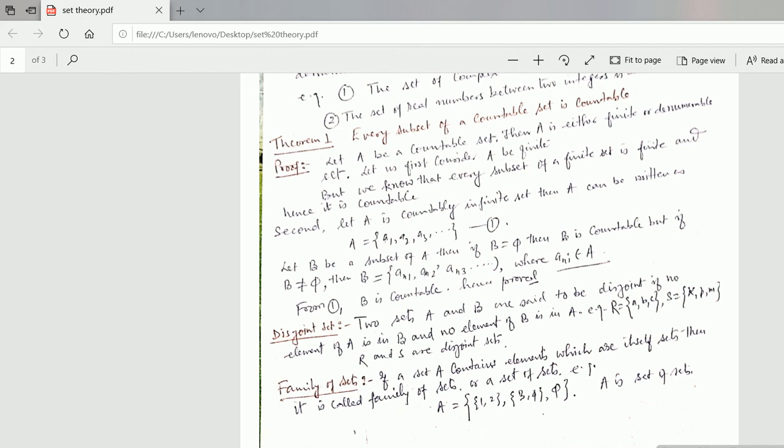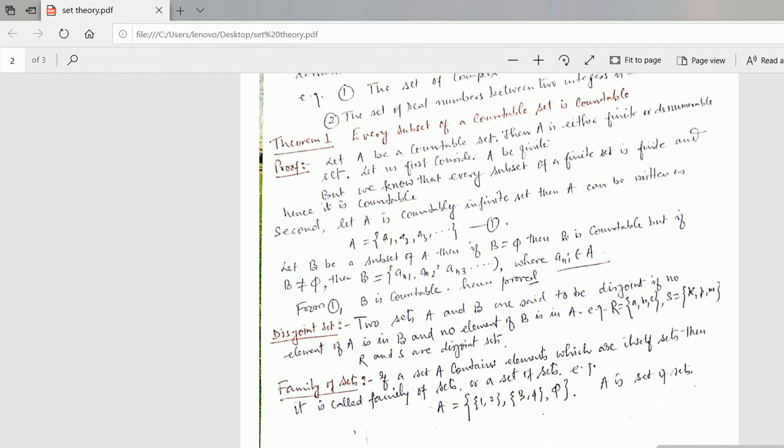But if B is not empty, then B consists of some members an1, an2, an3, ..., where the indices belong to the index set. From the first case, B is countable, hence proved.